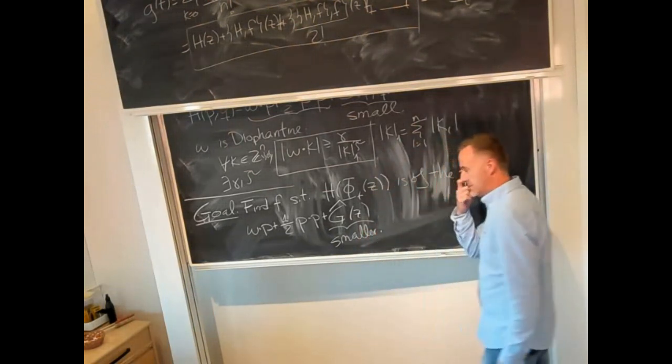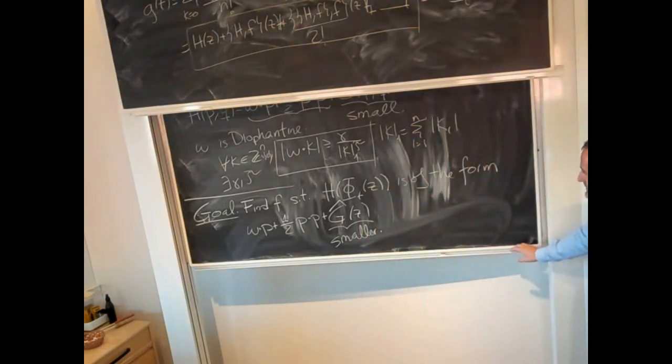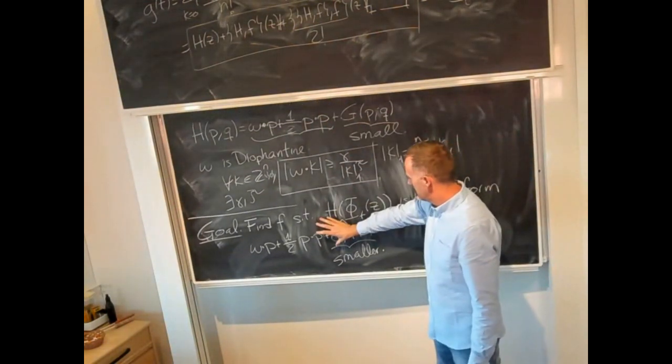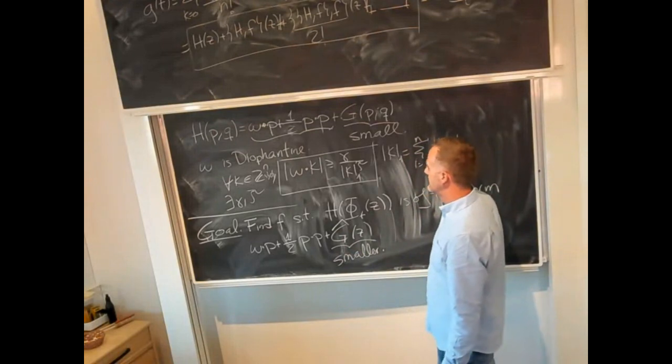Okay, that's our goal. Our goal is that we transform this Hamiltonian into this Hamiltonian where this is smaller.